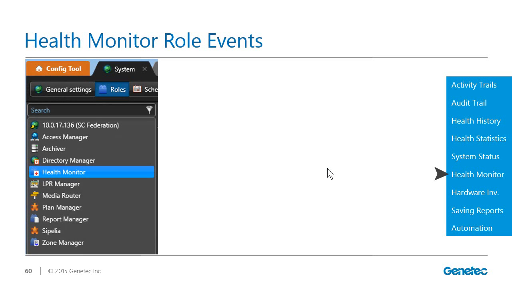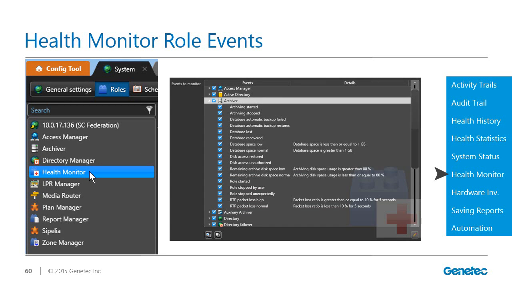To change these values, we can go into the system task, go under the role view, and then click on the health monitor right here. From the Properties tab, we can see all the events listed under their respective source groups here. In our example, we want to change the RTP packet loss high and packet loss normal events, which are located under the archiver.